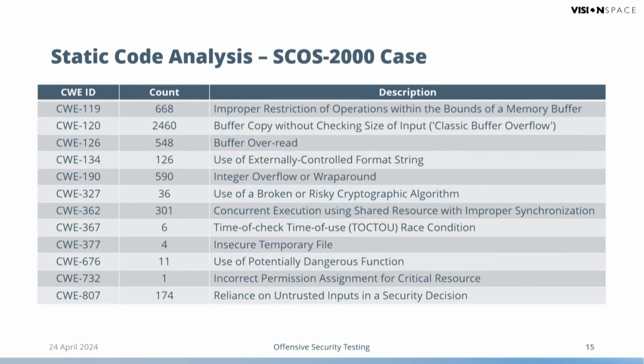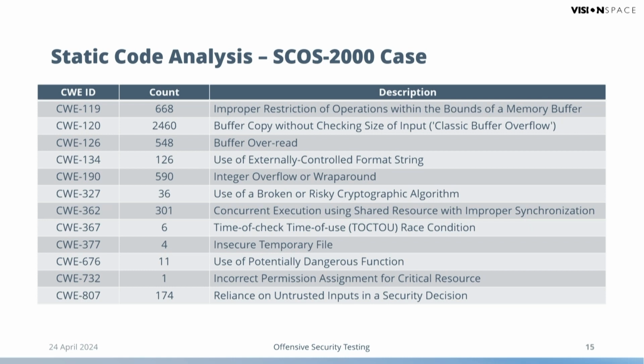And just to conclude, simple vulnerability scans are not completely useless, obviously. Let's take a static code analysis of the SCOS-2000 mission control system as an example. By simple execution of a tool called Flawfinder, we were able to highlight a rather big number of vulnerabilities, or potential vulnerabilities, especially in the area of classic buffer overflows.